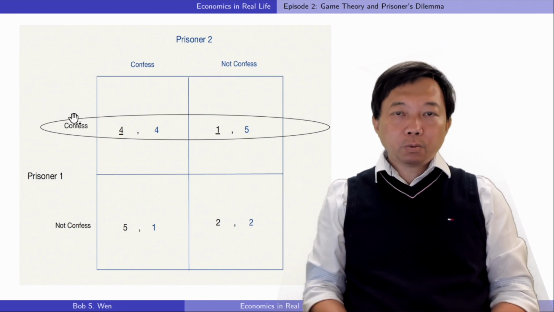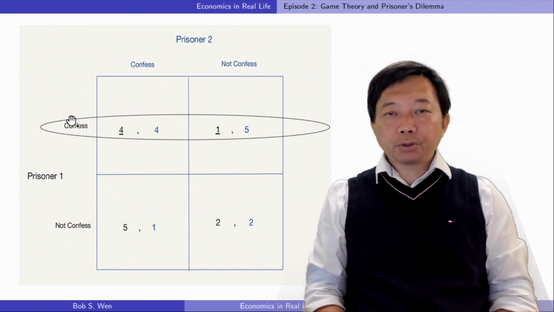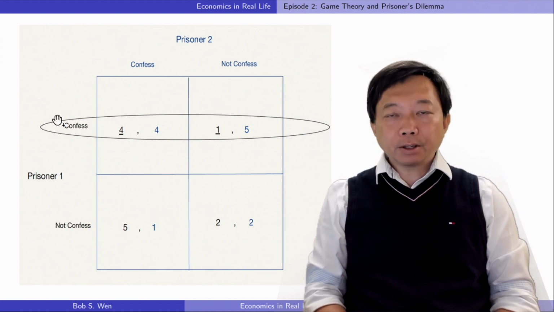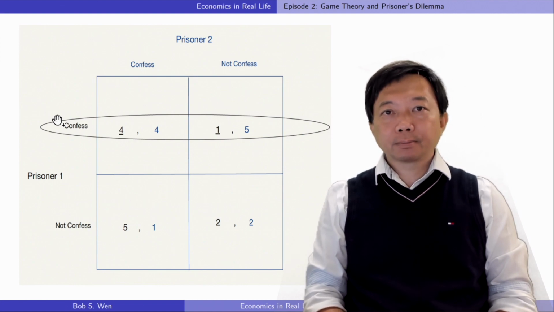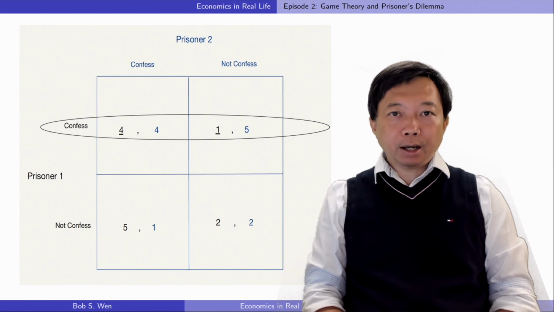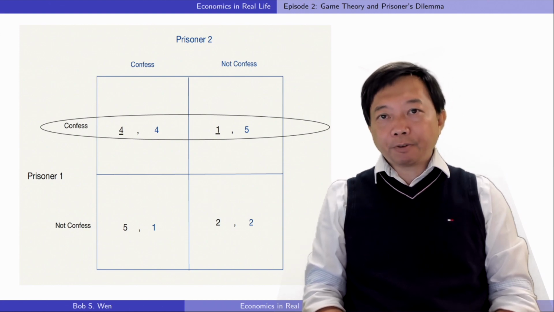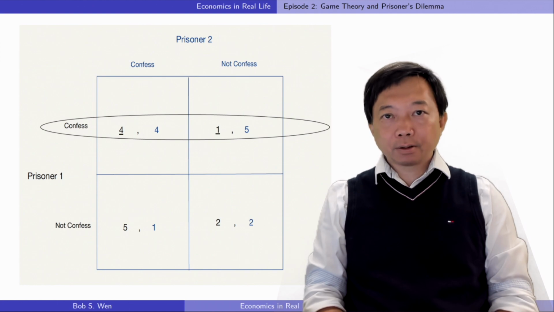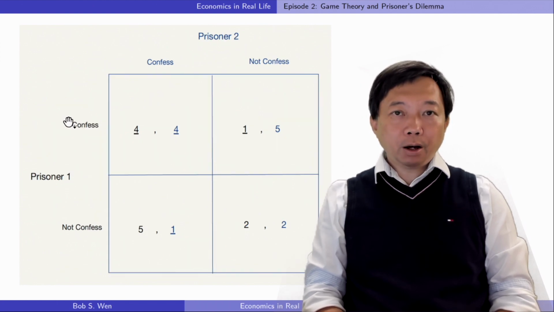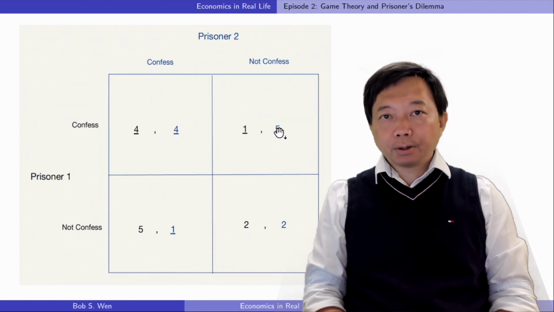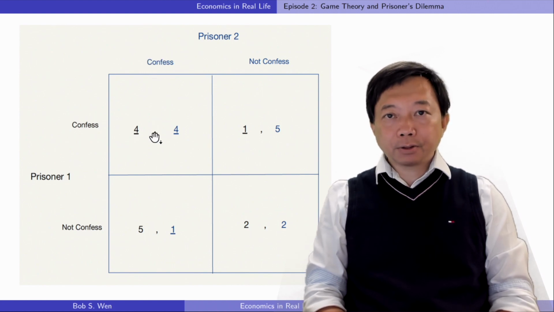We found that whether or not the second suspect chooses to confess, it's best for the first suspect to confess. The prosecutor said exactly the same thing to the second suspect, so he would also make the same analysis and choose to confess as well.